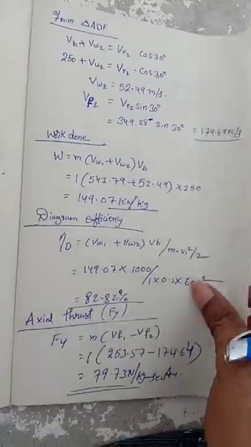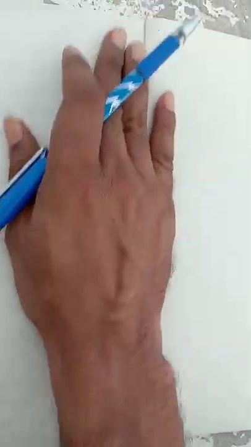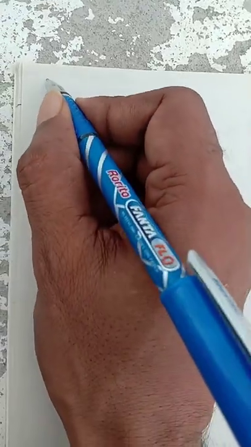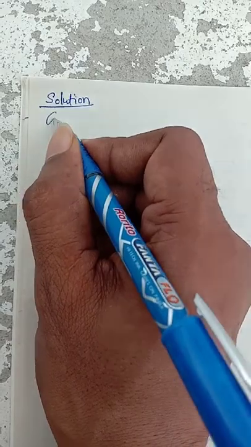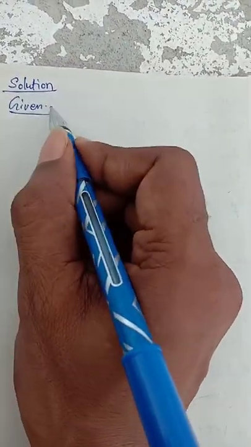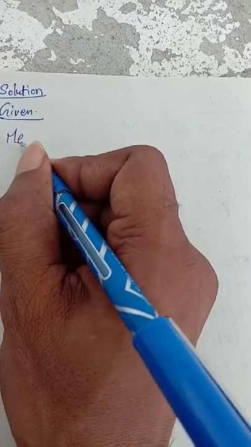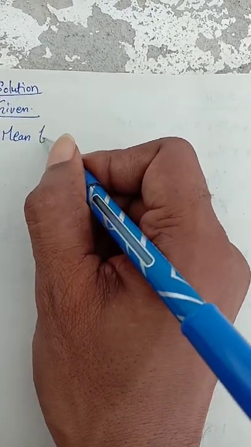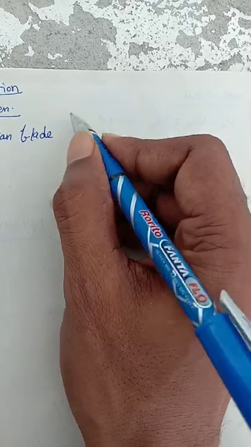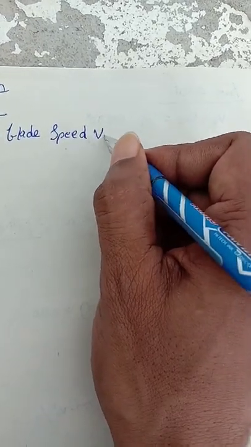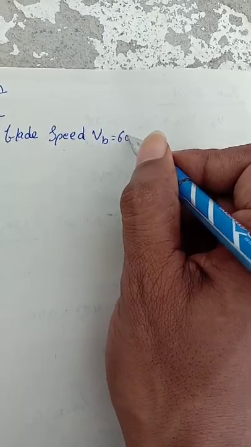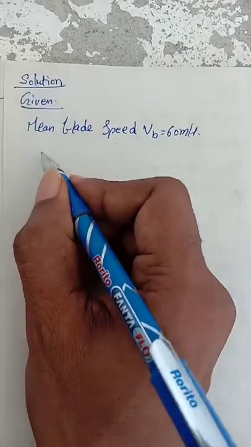Right, now we are going to see how to solve this one. I write down the given here. Somewhat different problem, I think. So mean blade speed Vb is given.